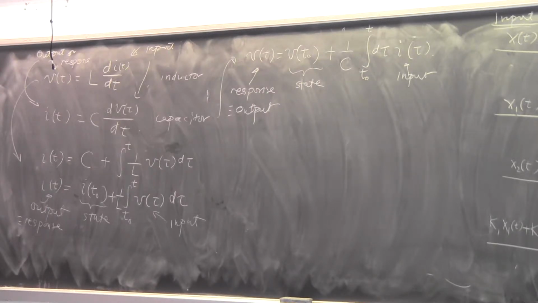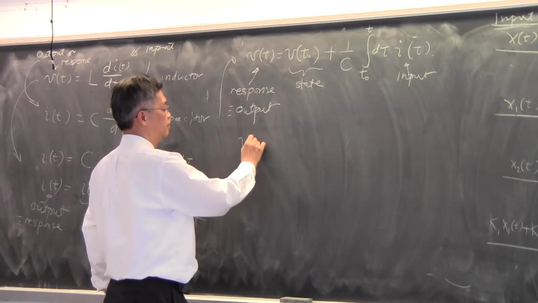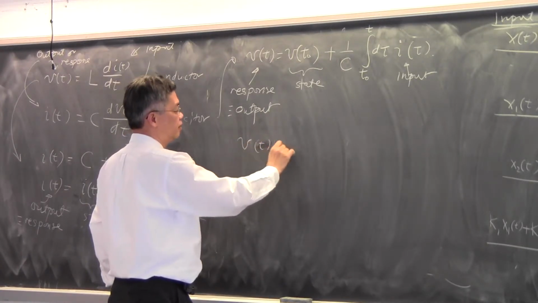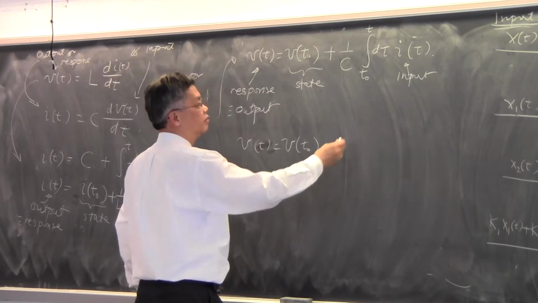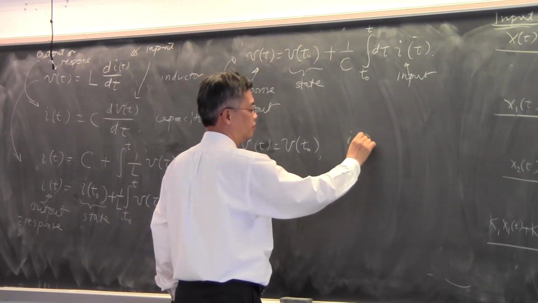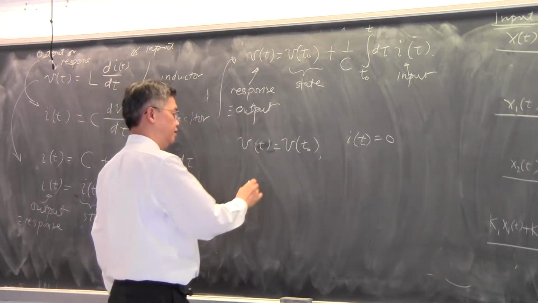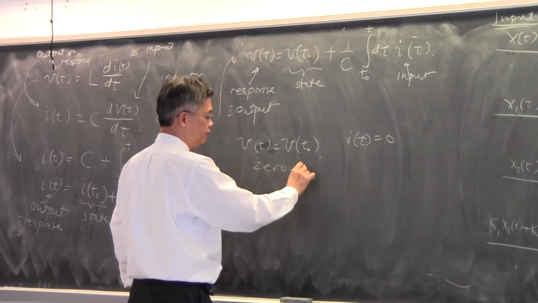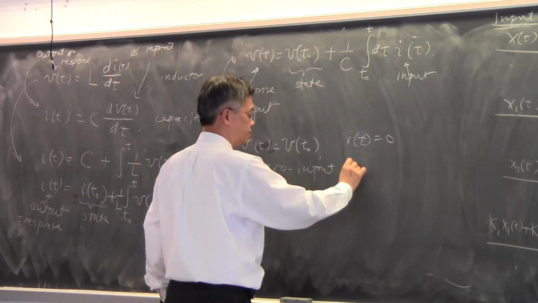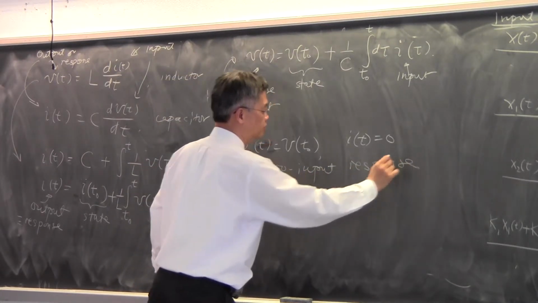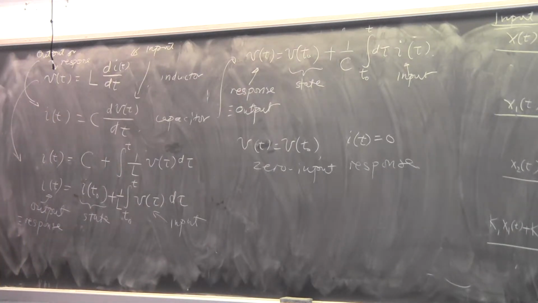So there are two kinds of response outlined in the textbook. Okay, if you were to just say V(t) is equal to V(t0), setting i(t) equal to 0, this is called the zero input response. Okay, that is, if you were to set the system to have no input, the only output you get is the state of the system.